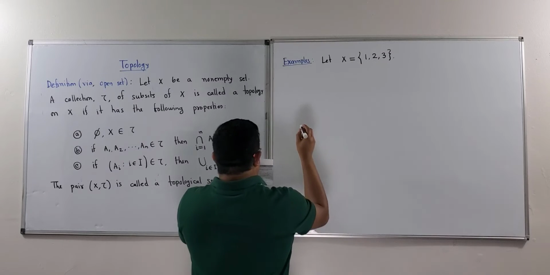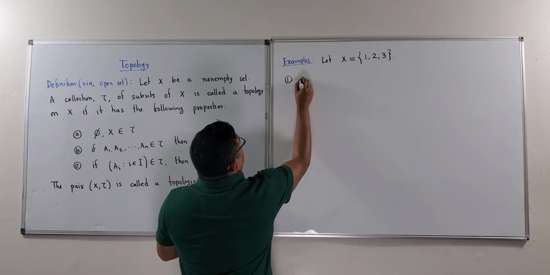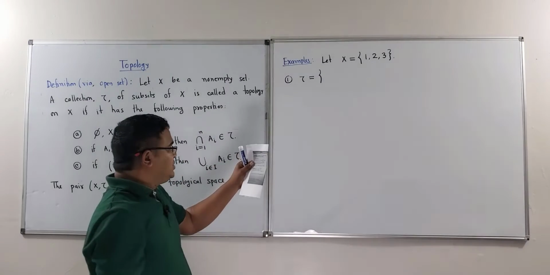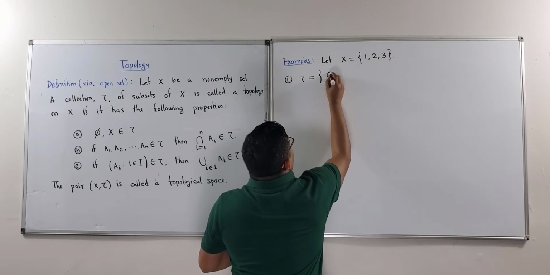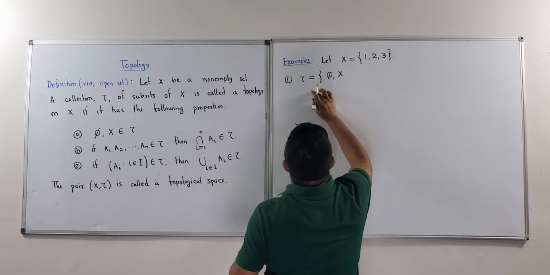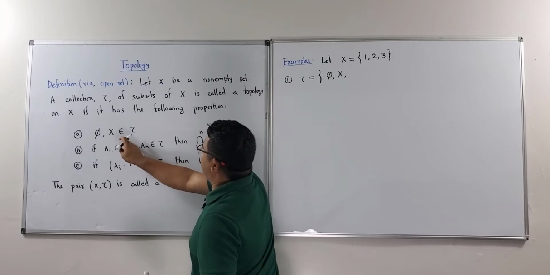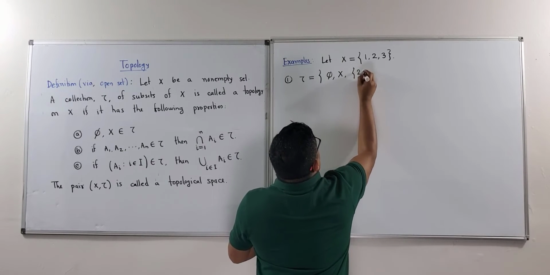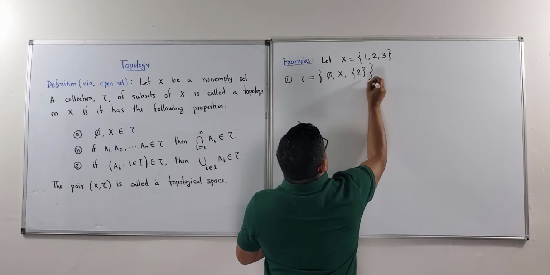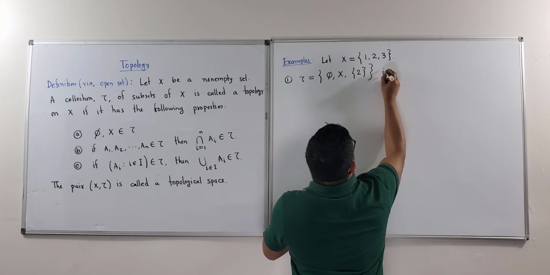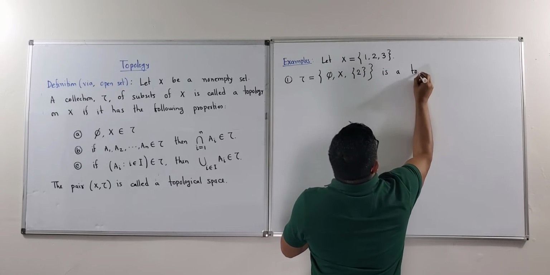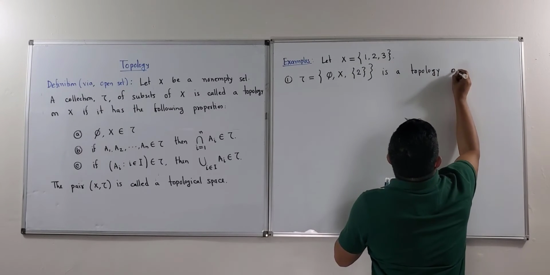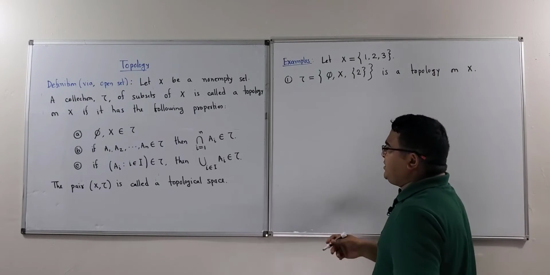Okay. Then number 1, if we think the collection is the empty set and X, they would always be in tau, and we take another element 2, then this is a topology on X. We can check.